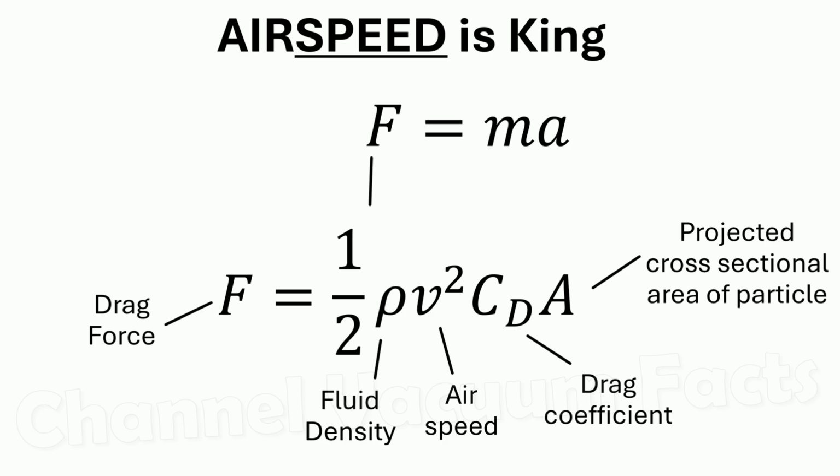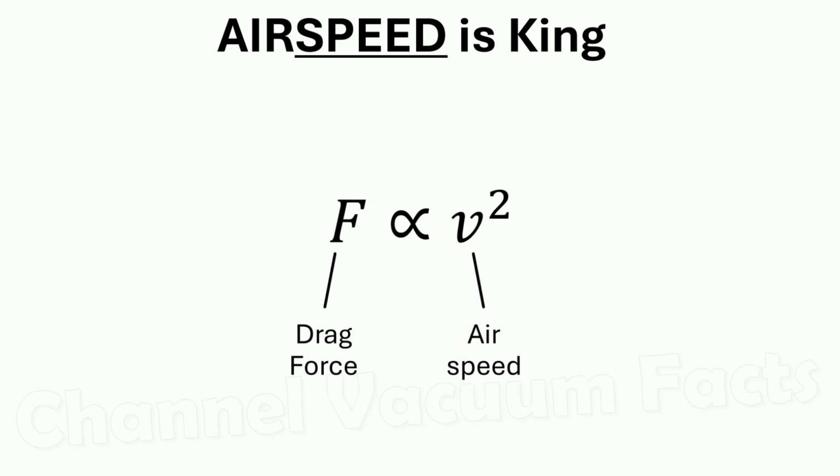The drag force the particle experiences scales with the square of the airspeed, but only linearly with all the other factors. This means the speed of the air flowing over the dirt particle dominates how effectively it's removed. Maximising the speed of air across a particle is thus critical to maximising the experienced drag force.